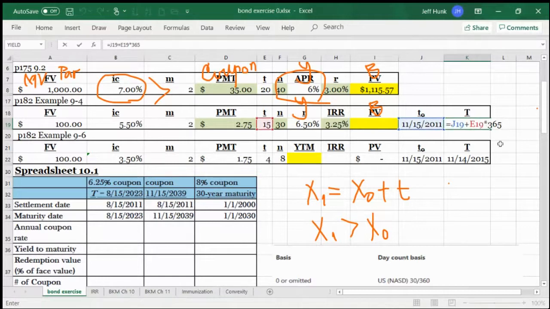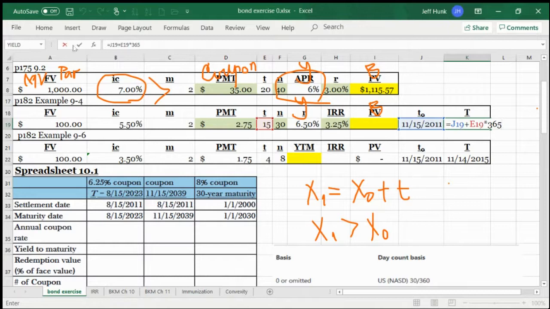And I found the maturity date this way. This is J19, today's calendar date, and then E19 is 15 years. And then I had to multiply it by 365 because that's the number of days.